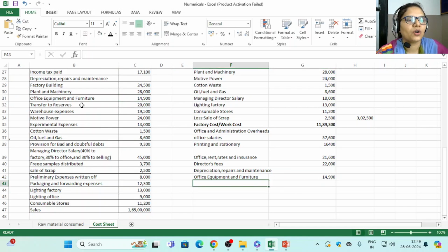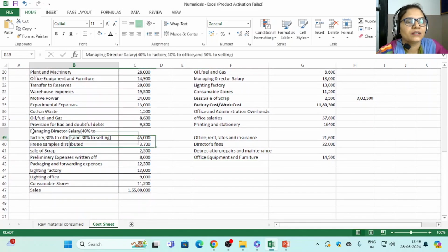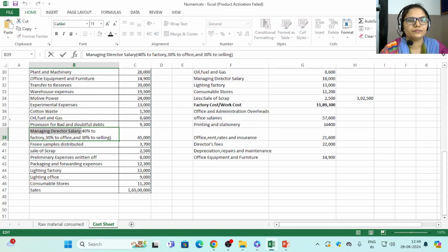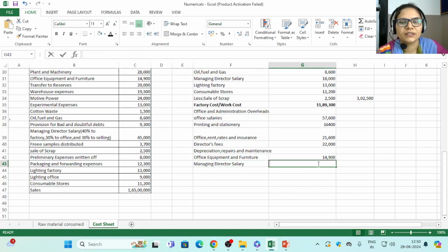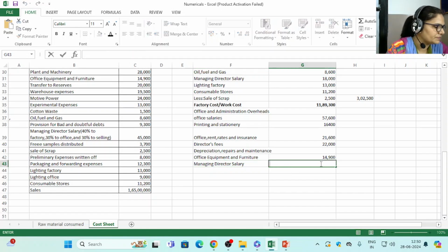Next is the managing director's salary. Again, as we discussed, 30% belongs to the office. So 30% is 13,500.